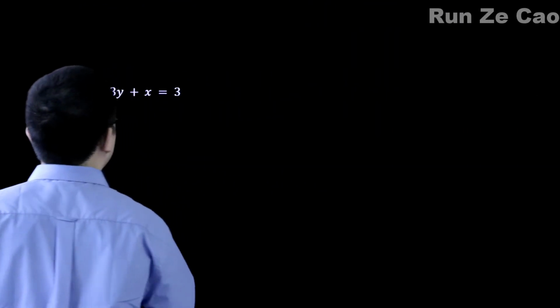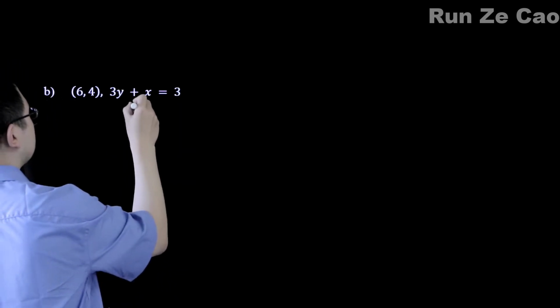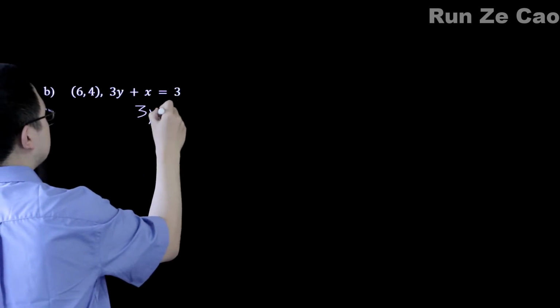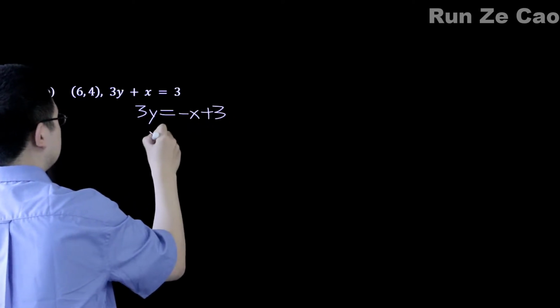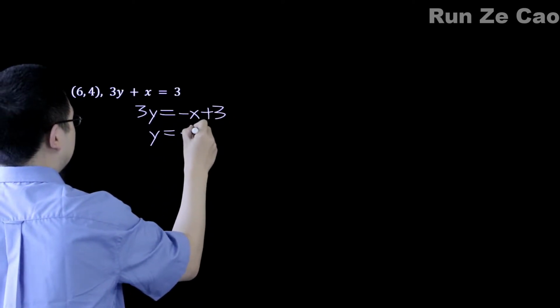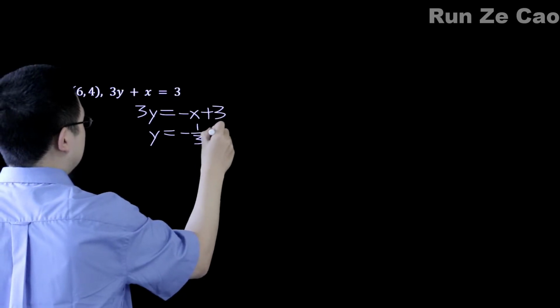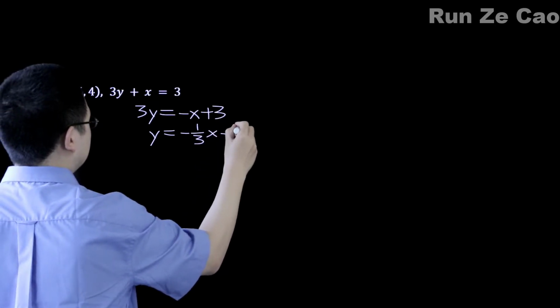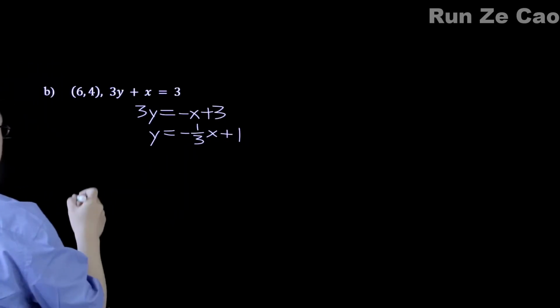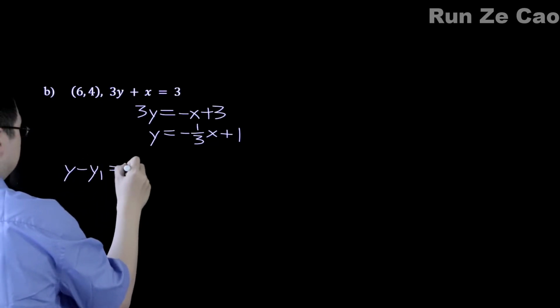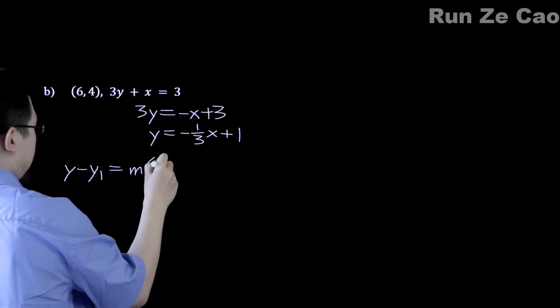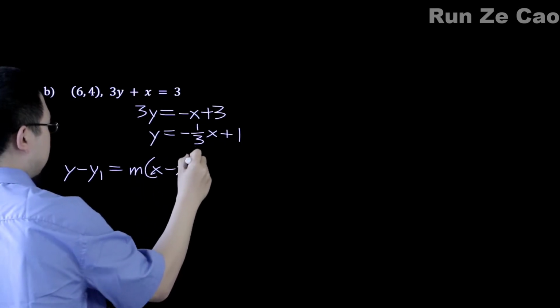And here we have another question. Here's 3y plus x equals 3, so 3y equals negative x plus 3. Y equals negative 1/3 x plus 1. Y minus y1 equals m times x minus x1.